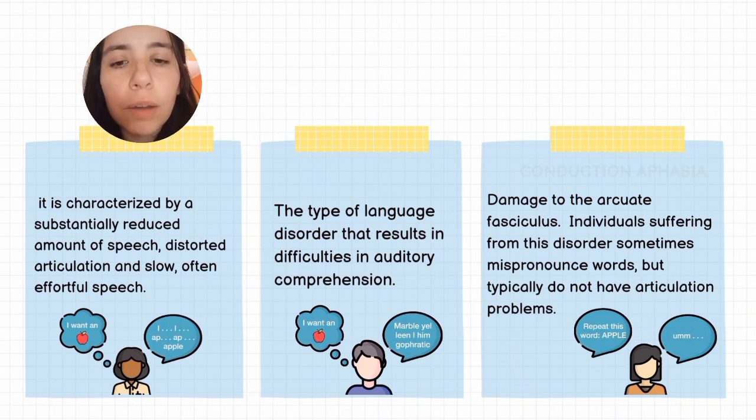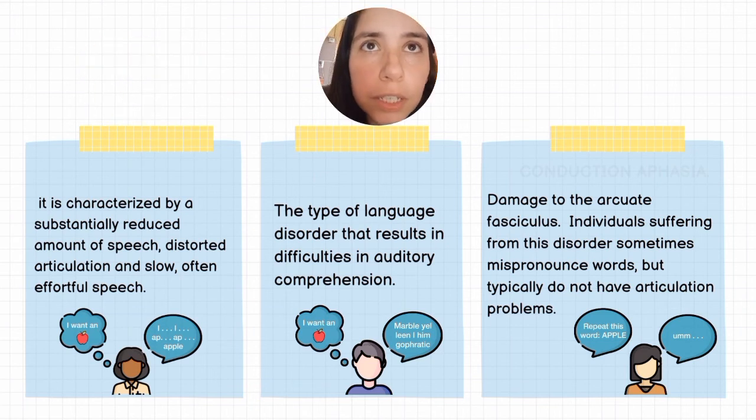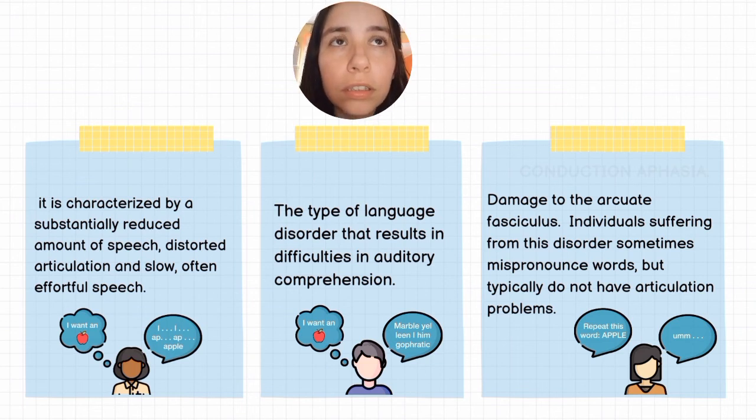Patients have problems articulating single words. In Wernicke's aphasia, the damage is located in Wernicke's area. People who suffer this problem produce very fluent speech, but it doesn't make sense. Comprehension is much better than the production of language.